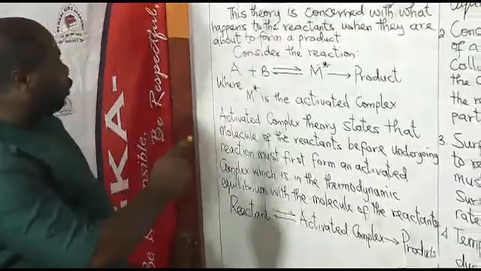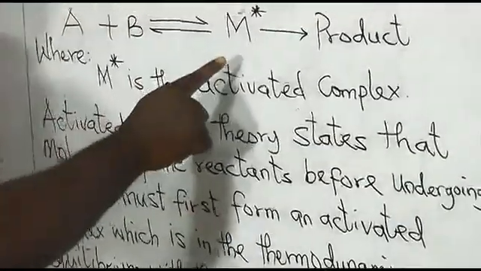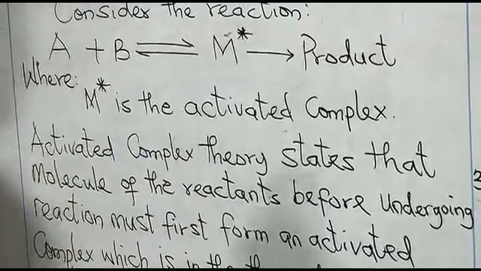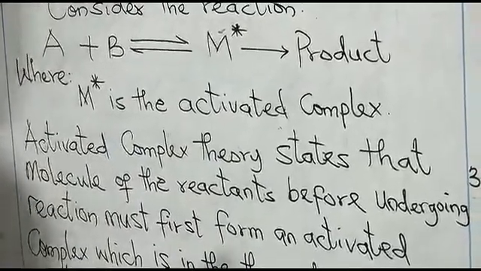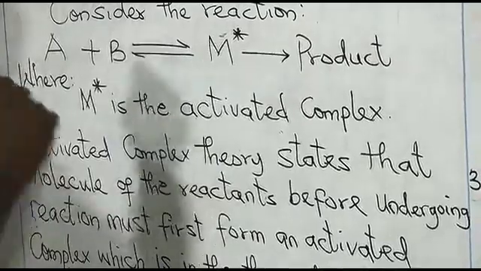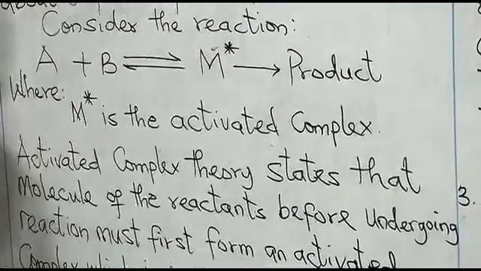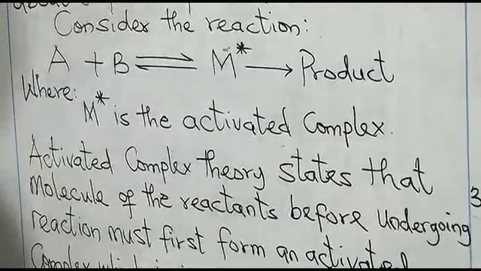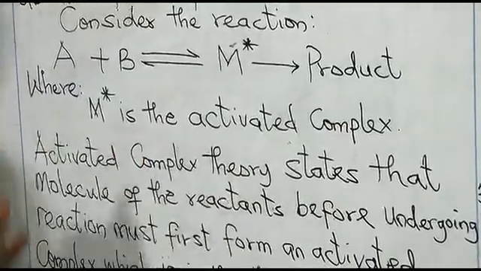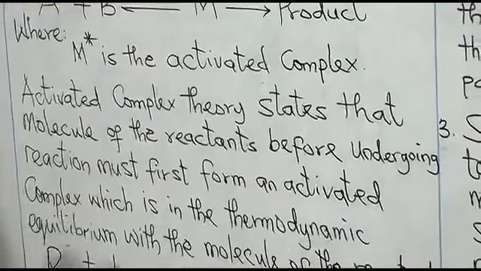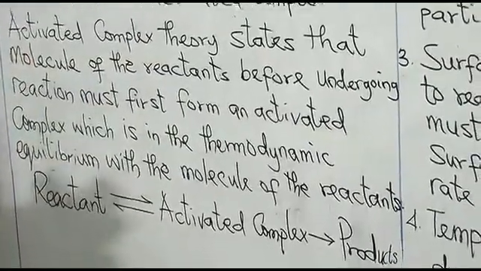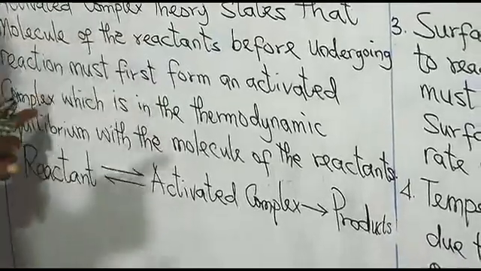The first factor is the frequency of collision, as I said in our previous lesson. And the second is the energy of the reactant exceeding activation energy.